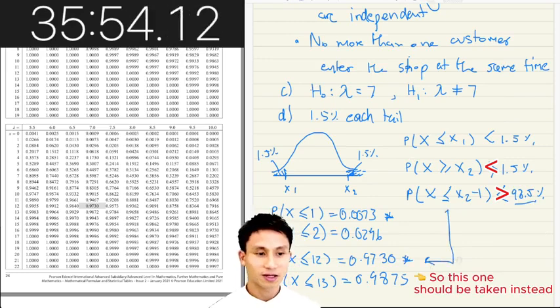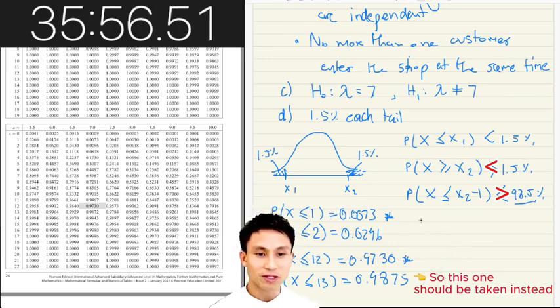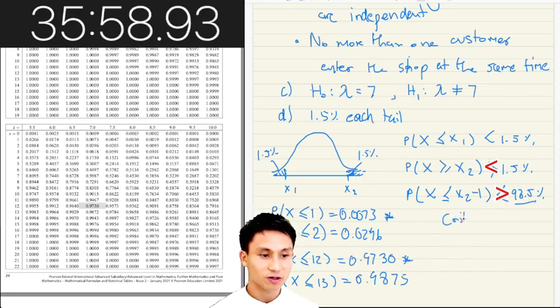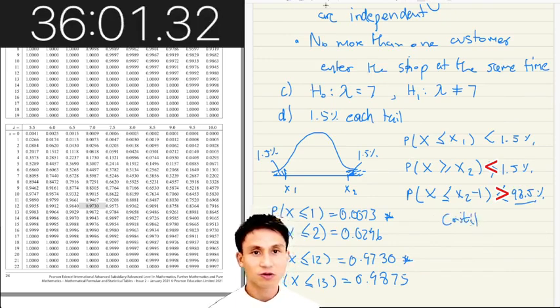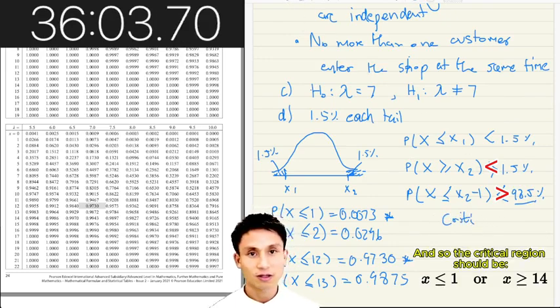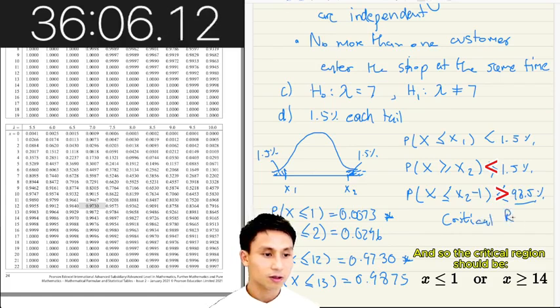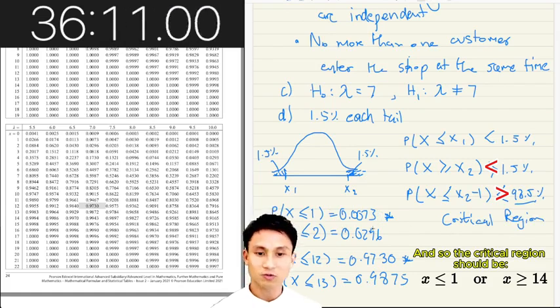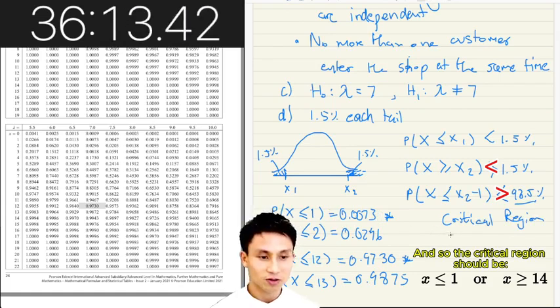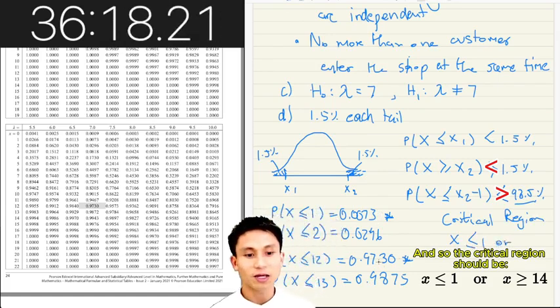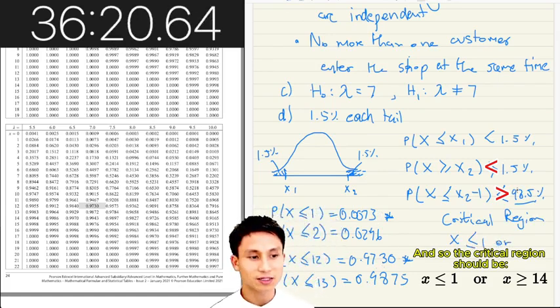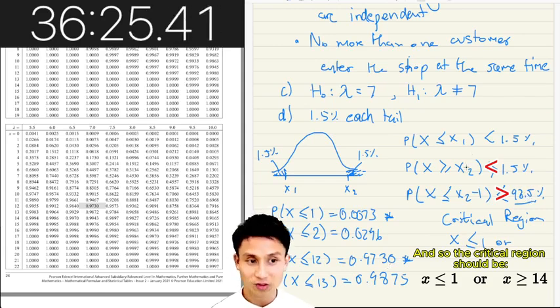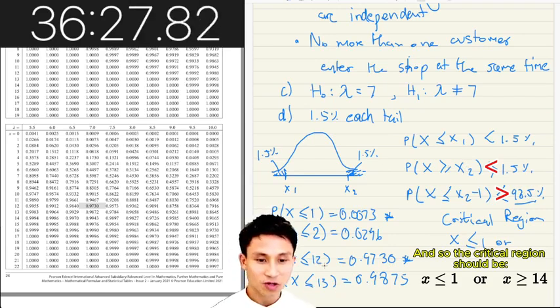It means that when you write the critical region, that one can be taken directly because we don't need to flip the sign, so that's fine. So x less than or equal 1, or the other one here, because this percentage is less than 98.5%, we got to take the x2, actually we got to flip to the other side, so you got to add 1.